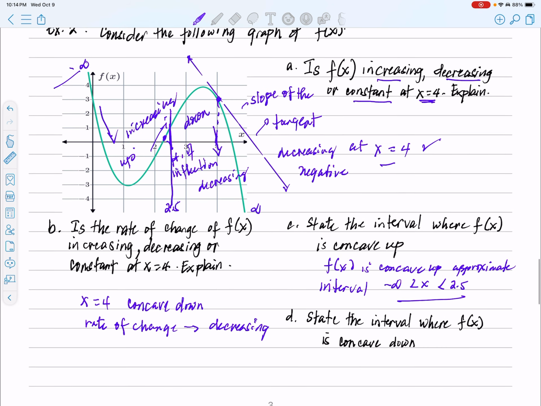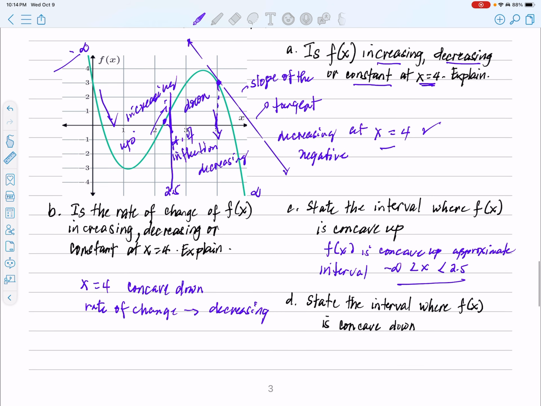For a cubic function, the concavity switches at the point of inflection. So from here, that is the point of inflection, it changed to concave down, from up to down.